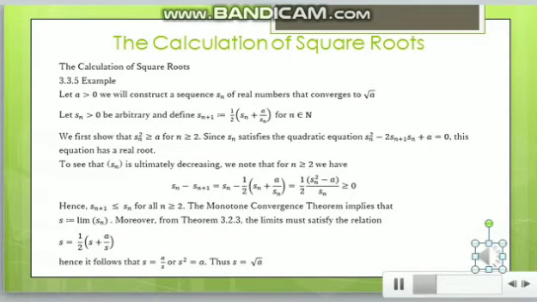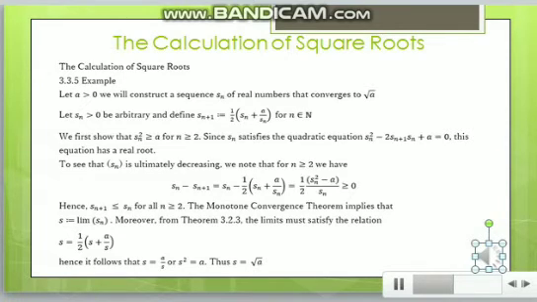We first show that S_n ≥ 0 for n ≥ 2, since S_n satisfies the quadratic equation S_n² − 2S_{n+1}S_n + a = 0. This equation has a real root.